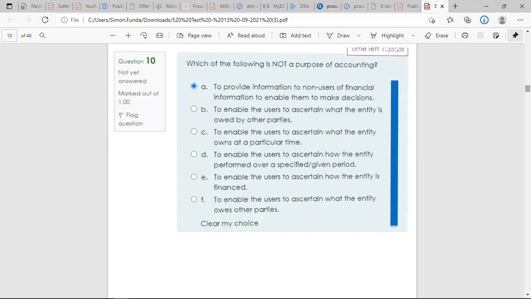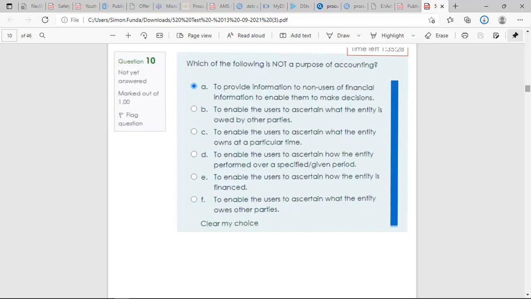Then to enable the users to ascertain what the entity owes other parties. Yeah, so this is also a purpose. The users want to know what we owe as the entity to other parties.